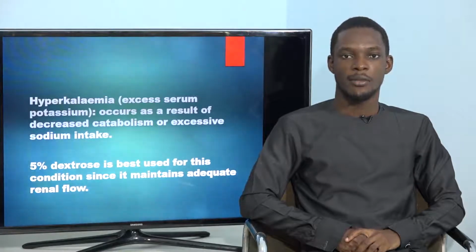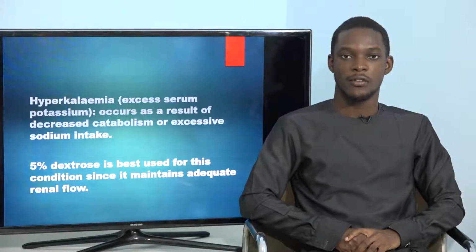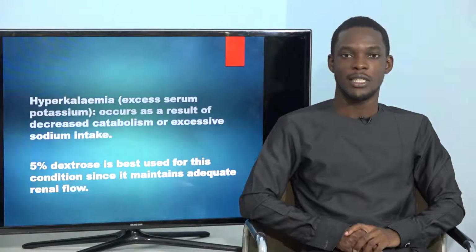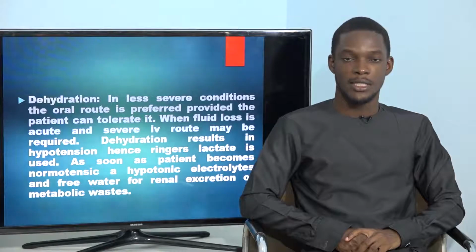In hyperkalemic patients, it occurs as a result of decreased catabolism and excessive sodium intake. 5% dextrose is best suited for this condition to maintain adequate renal flow. For dehydrated patients in less severe conditions, oral routes are often preferred.